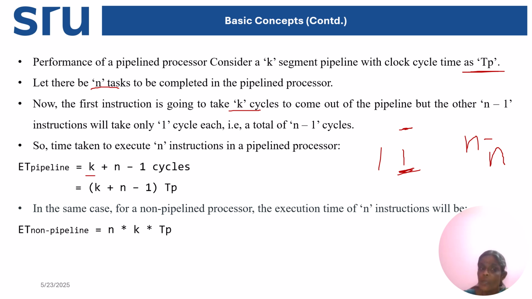For K segments, K number of clock cycles. So n number of instructions into K number of divisions, each clock cycle TP, all are multiplied. So without pipelining, non-pipelining means n into K into TP.